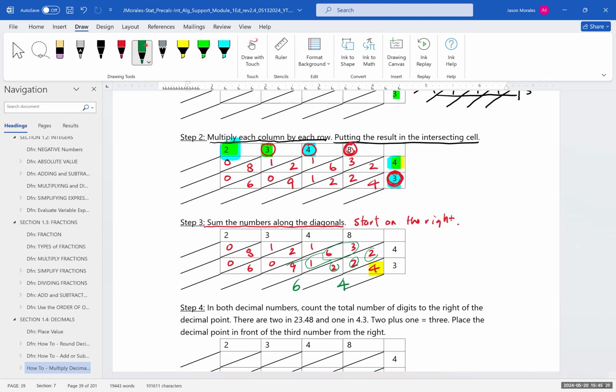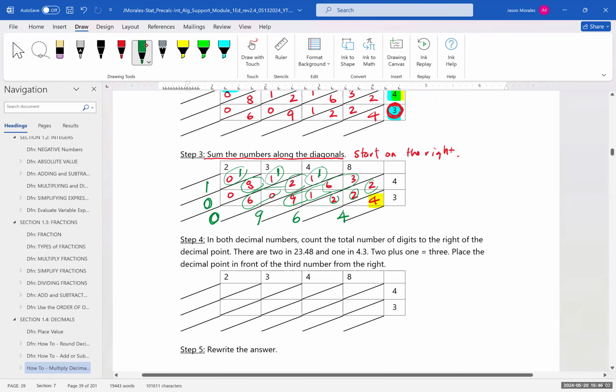Then 10 plus 9 is 19, carry the 1. And 1 plus 1 is 2, plus 2 more is 4. And 4 plus 6 is 10. Carry the 1. And 1 plus 1 is 2, and 2 plus 8 is 10. Carry the 1. And then 1 plus 0 is just 1.